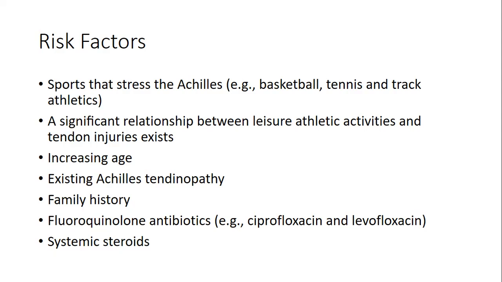So they advise that if you are taking that drug, the fluoroquinolone, and you get any sign of inflammation of the Achilles tendon, you should stop immediately, because it's almost given that if you continue, you may end up with Achilles rupture or tendonitis, as well as systemic steroids.